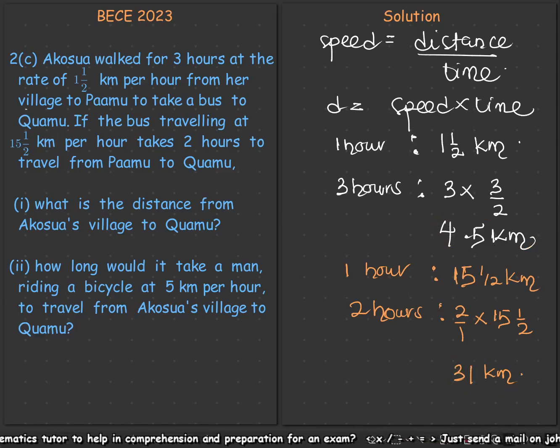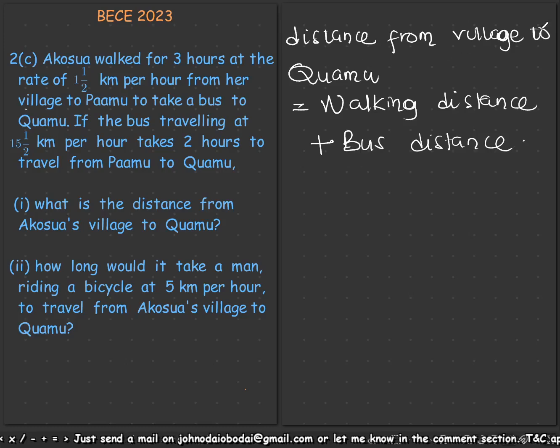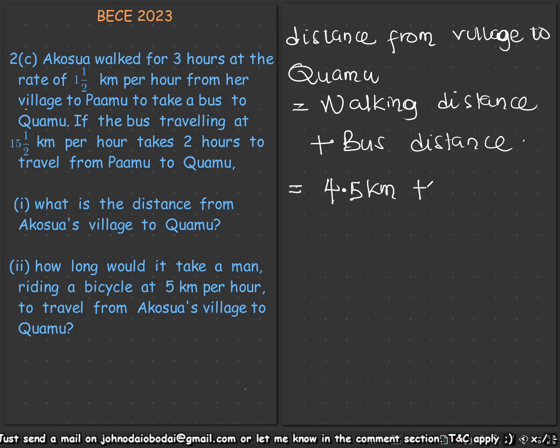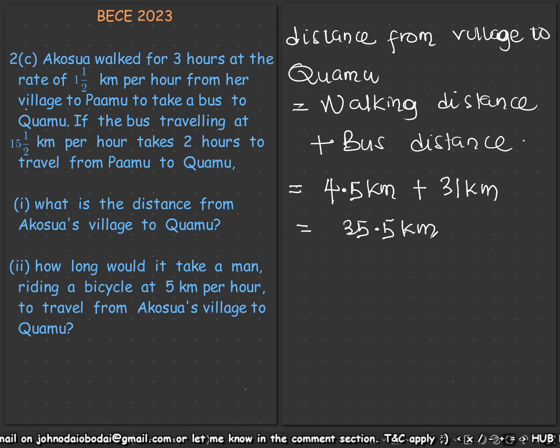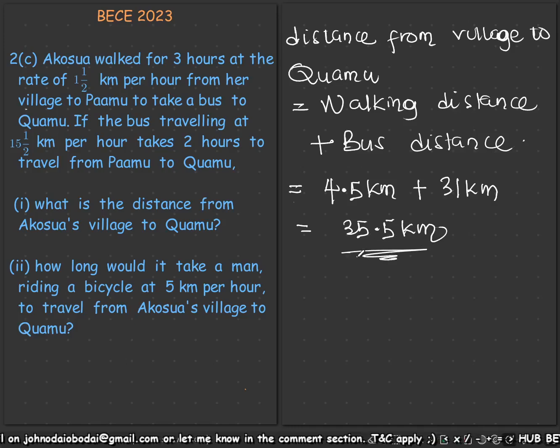So writing it down, the distance from the village to Quamu is equal to the walking distance plus the bus distance. The walking distance was 4.5 kilometers, plus the bus distance of 31 kilometers. Adding these two, we are going to get 35.5 kilometers. As simple as that.